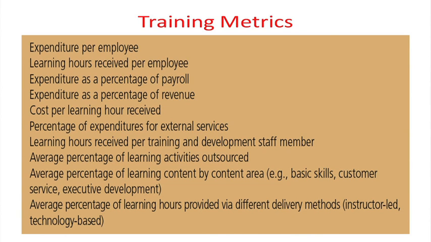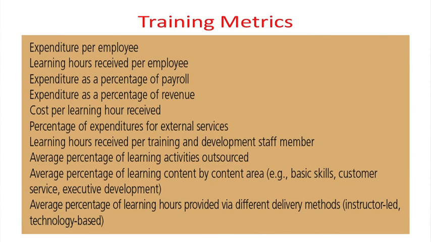Then average percent of learning activities outsourced, how much is outsourced, or percentage of learning content by content area. The training is to be given in different areas, maybe basic skills, maybe computer, maybe leadership development. So, you can classify what percentage of learning is going to be there in different areas.